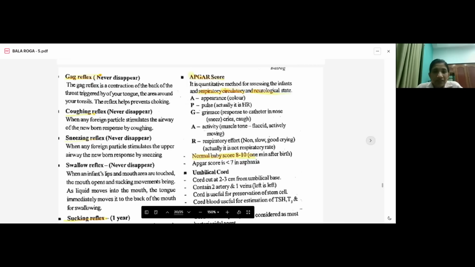And the other reflex, which also persists throughout life, is the coughing reflex. If any foreign particles stimulate the airway, coughing is present. And the other one is the sneezing reflex. And next is the swallow reflex. These are the reflexes which never disappear in life.